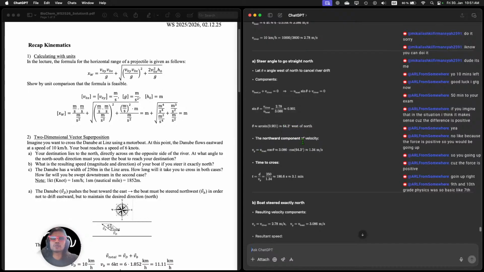So the northward component of the velocity equals velocity of boat times cos theta. Okay. But why do you need the north component? Am I missing something?